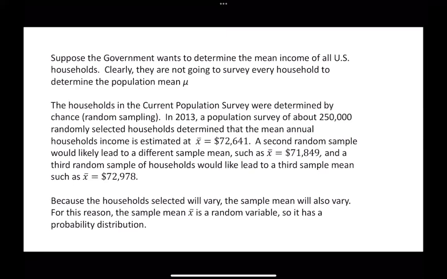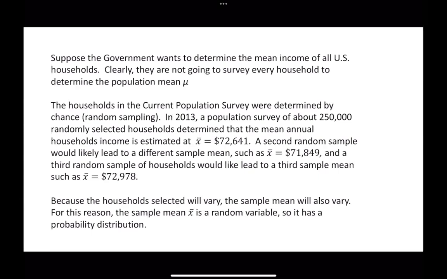Then they take another sample, and this is going to be a different sample. It could have some of the same people, but it's not going to be all 250,000 of the same people. So take another random sample of 250,000 households, and you find the average of all of those. Then we do it again, the same thing.